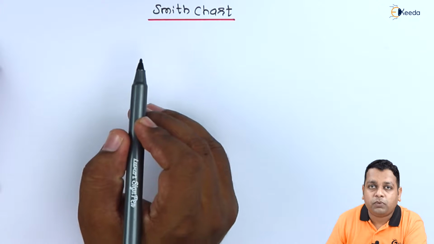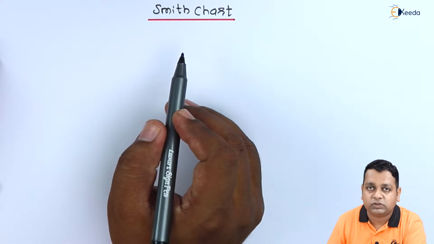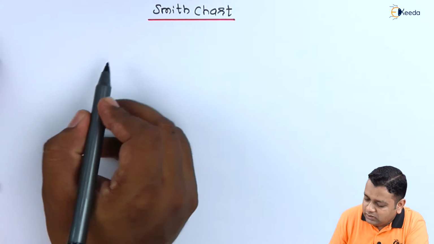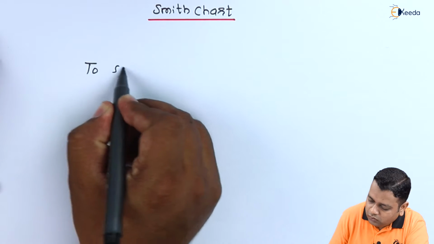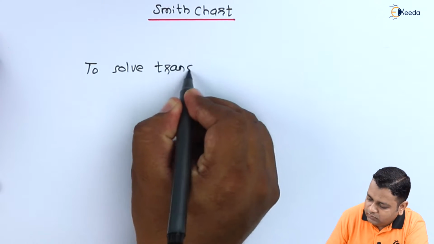Now what is the purpose of using the Smith chart in microwave engineering? It is to solve transmission line problems.